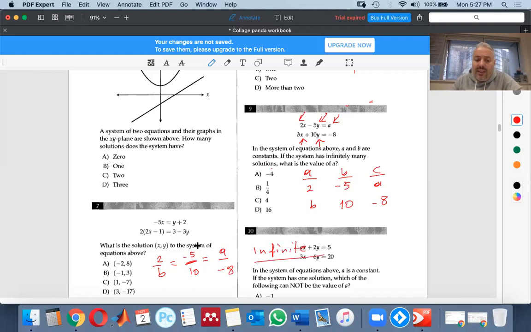So let us use this equation. -5 over 10, when you simplify, is -1 over 2, right? Yes or no? Simplify, and then cross product. 2 times 2, 4. B times -1, -B.